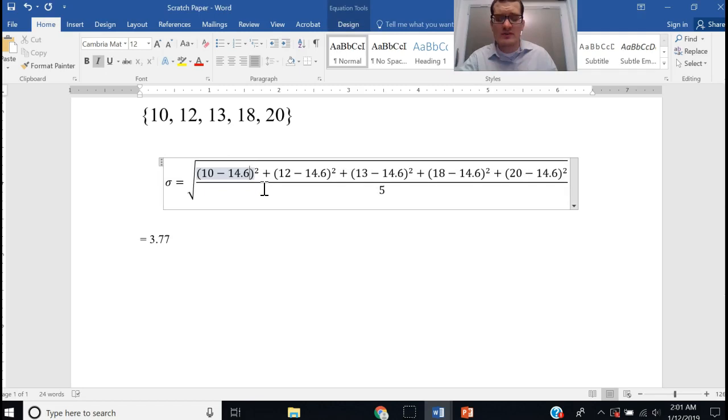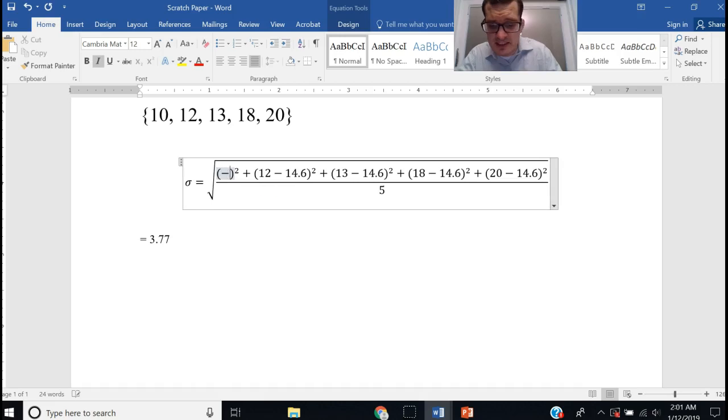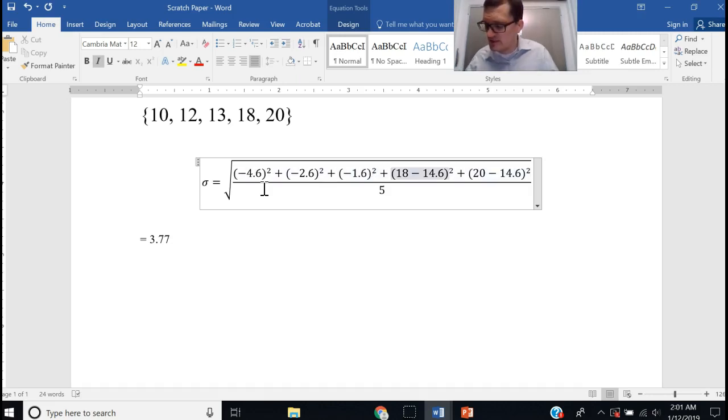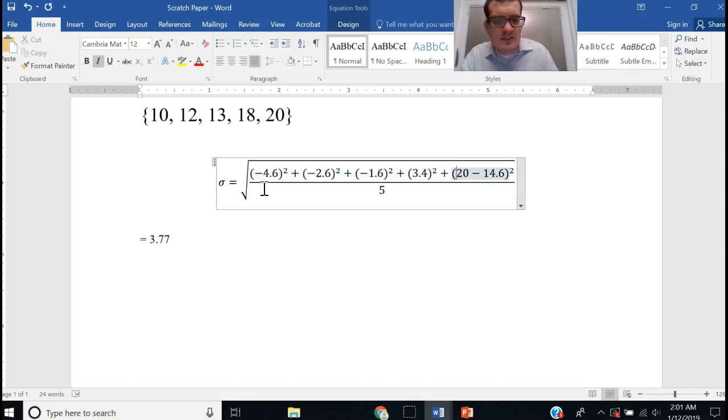So, for instance, in this one, 10 minus 14.6 becomes negative 4.6. 12 minus 14.6 becomes negative 2.6. 13 minus 14.6 becomes negative 1.6. 18 minus 14.6 becomes 3.4, and 20 minus 14.6 becomes 5.4, right?